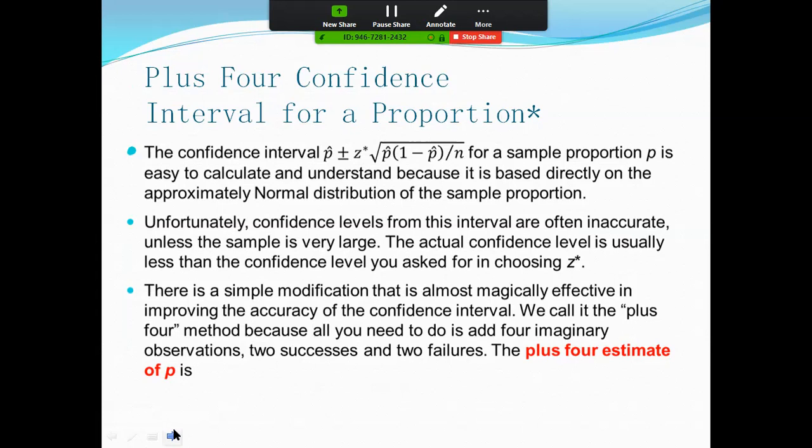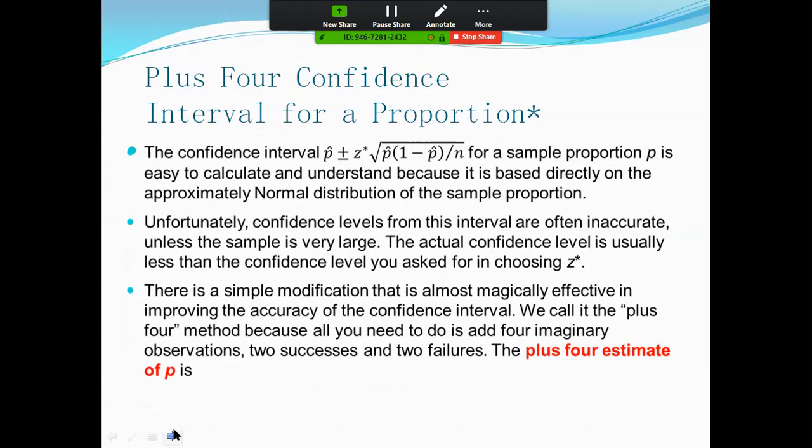There is a simple modification that is almost magically effective in improving the accuracy of the confidence interval. We call it the plus 4 method because all you need to do is add 4 imaginary observations, 2 successes and 2 failures.